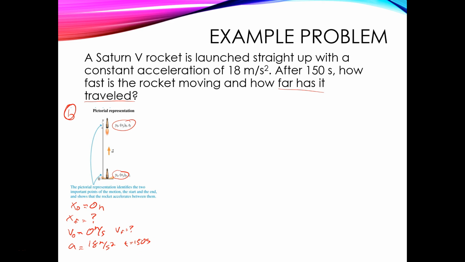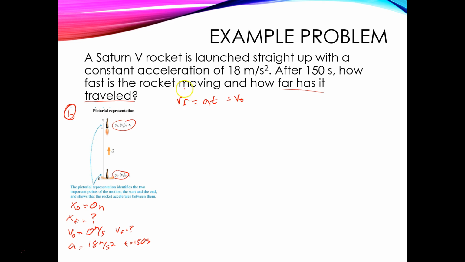So we have to figure out how fast the rocket is moving and how far it went. Well, first we want to figure out how fast it's moving, so we want to figure out what our final velocity is. And we look at our equations. The first equation that our final velocity comes up in is: our final velocity is going to be equal to our acceleration times time plus our initial velocity.